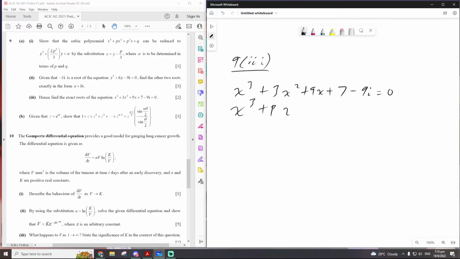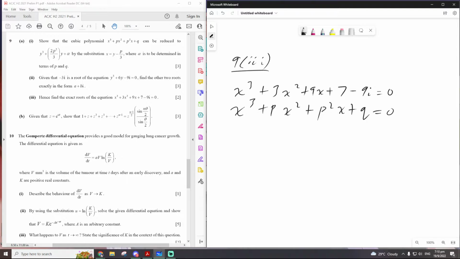x cubed plus px squared plus p squared x plus q equals 0. So what do you notice? Actually, I can choose p equals 3, right?